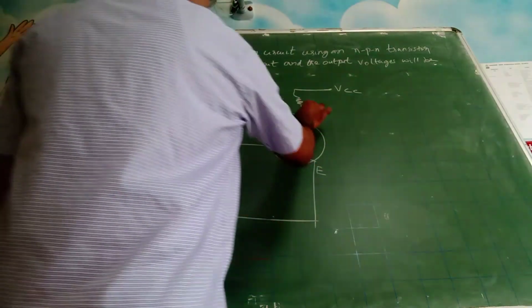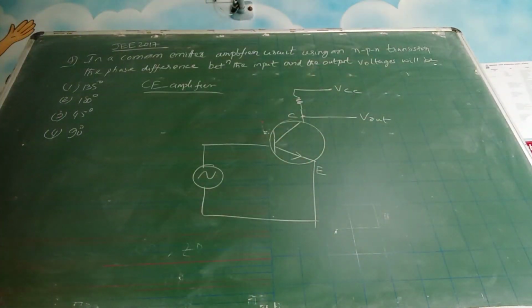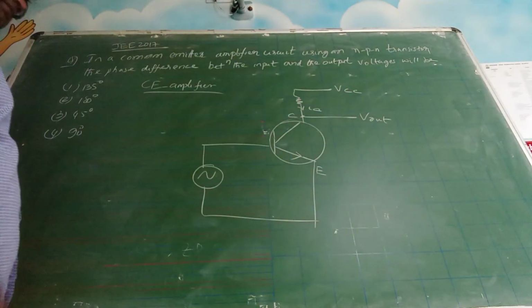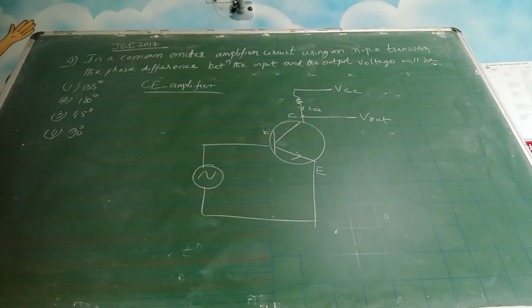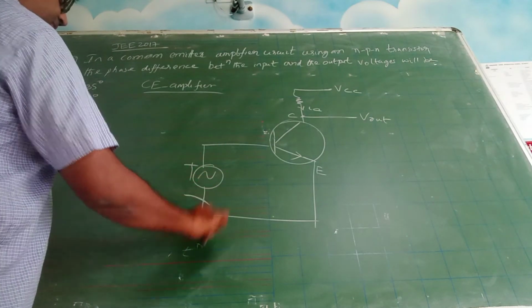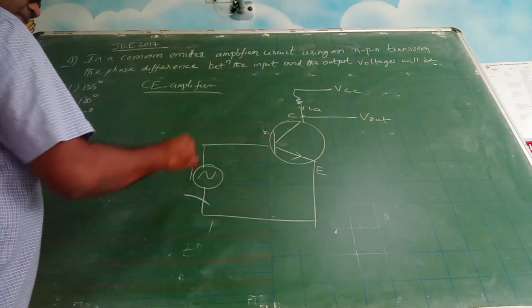Okay. And here I give it to the output. So this current will be IC current. Alright. Now this is an AC source. So let us say this is plus and minus. So it's an NPN type.